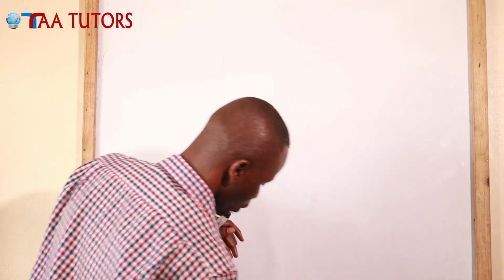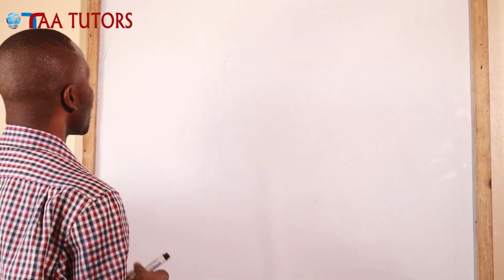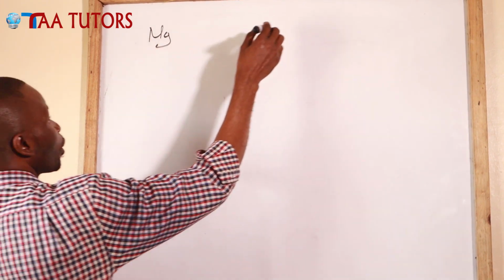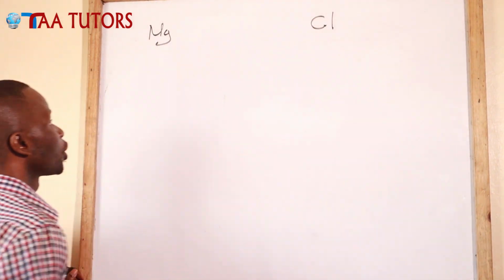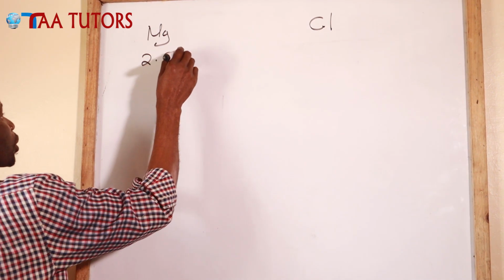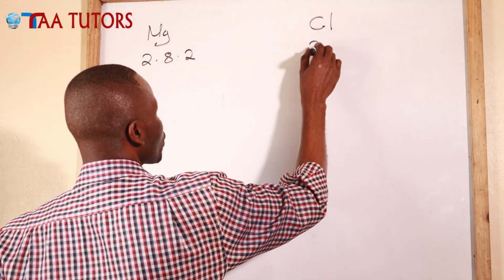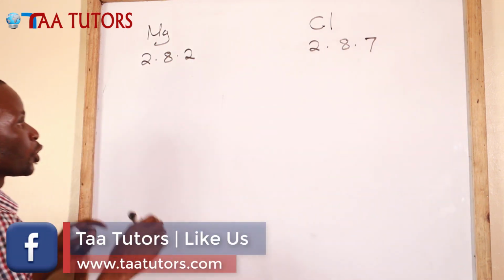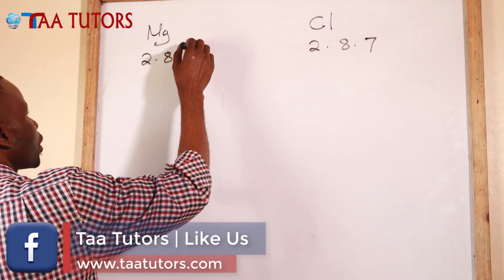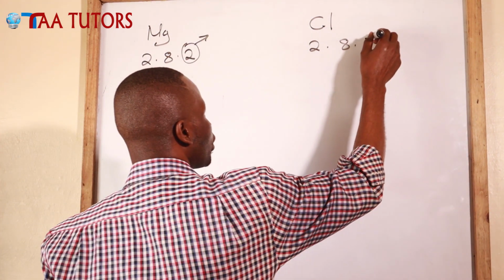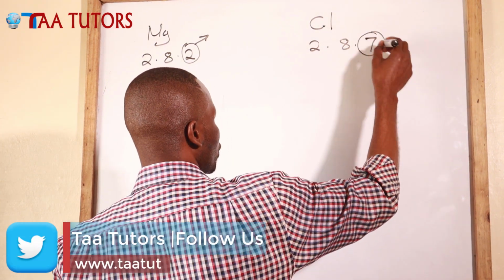But now I want to talk about a case where, for example, we have magnesium and chlorine. Magnesium atom has electron arrangement 2,8,2, while chlorine is 2,8,7. What we can see from here is that magnesium needs to lose 2 electrons to chlorine, but chlorine can only gain 1 electron at a time.